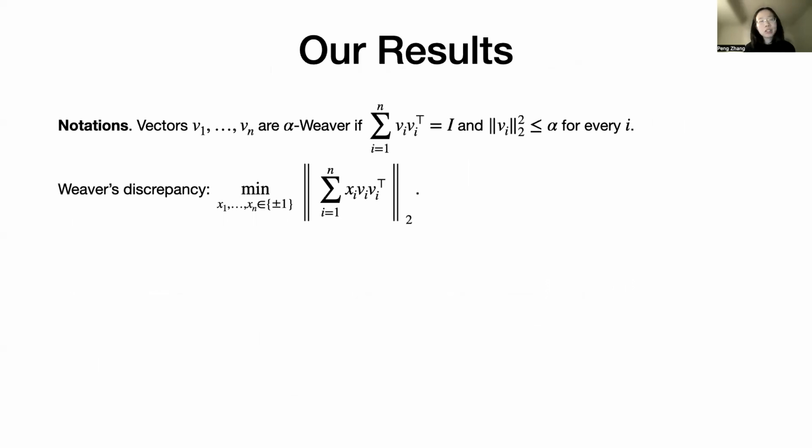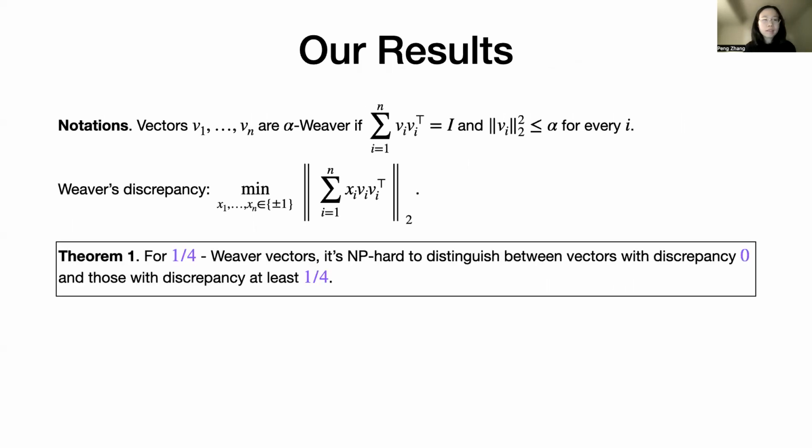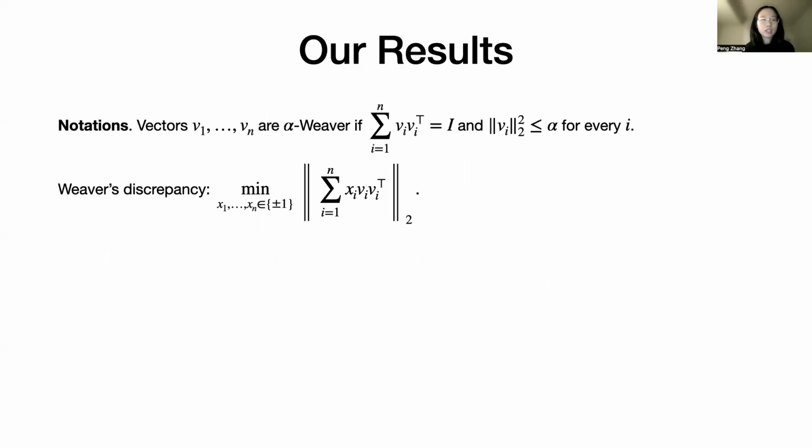Okay, in this paper, we prove two hardness results for Weaver's discrepancy problem. To simplify our theorem statement, let me first introduce some notation. We say vectors v1 dot dot vn are alpha Weaver if these vectors satisfy the following two conditions. First, the sum of vi vi transpose equals the identity matrix.